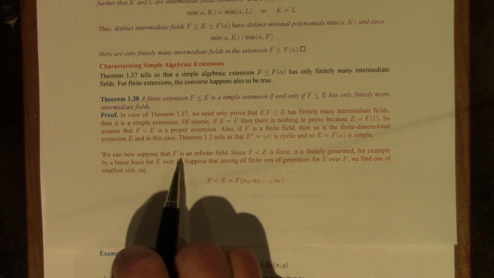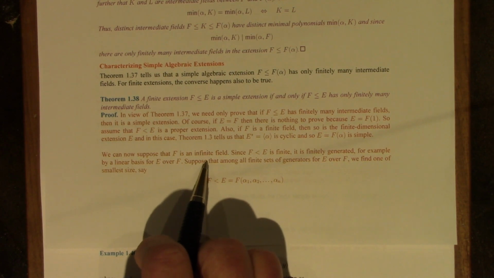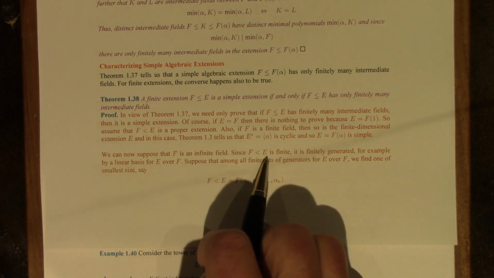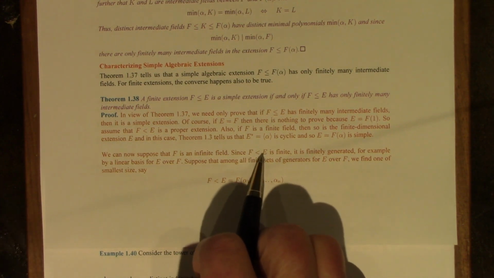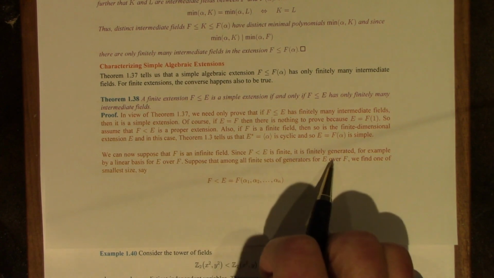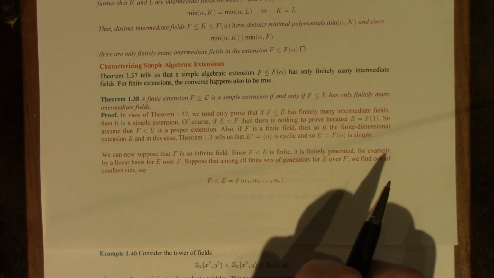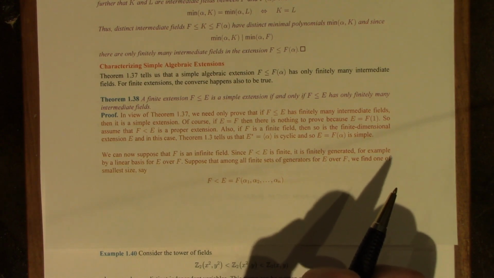So we're left with the more difficult case. F is an infinite field. Now, since E over F is finite, the extension is finite dimensional, it's finitely generated, for example, by any linear basis for E over F. So we can look for, among all finite sets of generators for E over F, we can find one of smallest size.